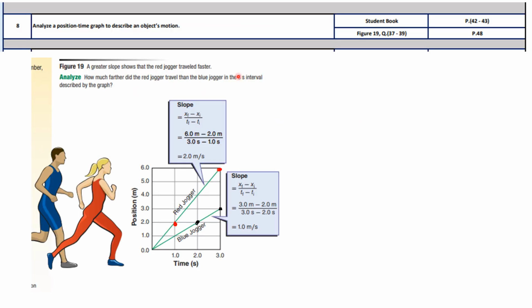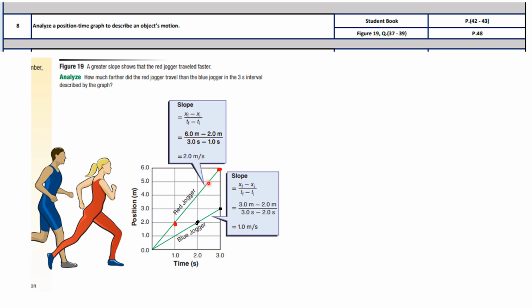Moving on to point number 8, analyze a position-time graph to describe the object's motion. Here we go with figure 19 as described. So we have two players. We also define the slope of a position-time graph. The slope of a position-time graph is the velocity, which is meter per second.